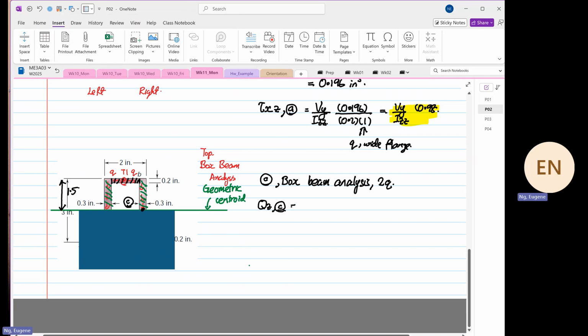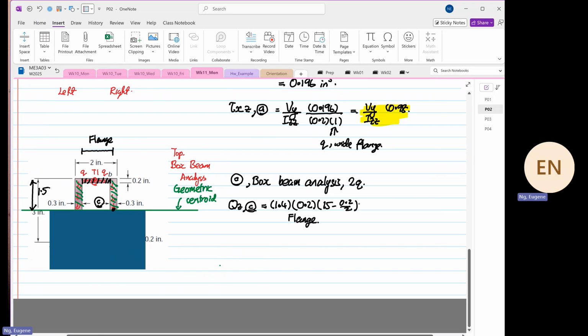So the first one, the width is equal to 2 minus 0.3, so 1.4, right? Multiplied by a thickness, multiplied by 1.5 minus 0.2, divided by 2. So this is the flange region. Okay, so I'm going to label this region from here to here. This is our flange region.